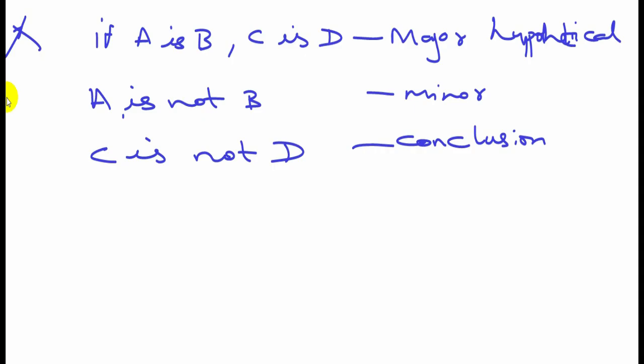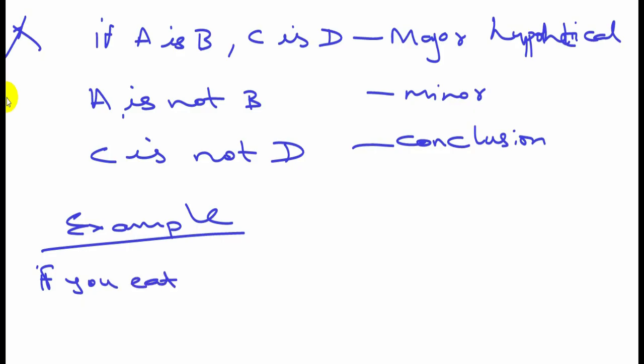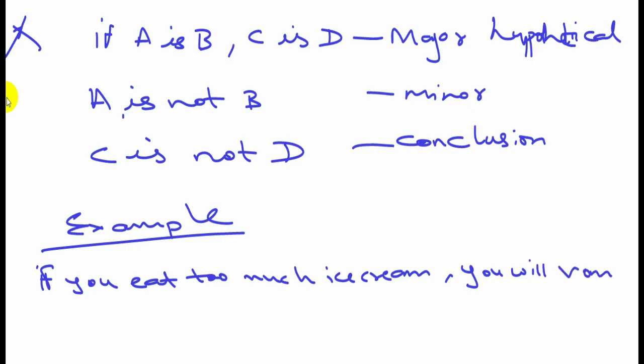So this is wrong. Why is it wrong? Let's understand with an example. If you eat too much ice cream, you will vomit. And then the minor comes and denies what?